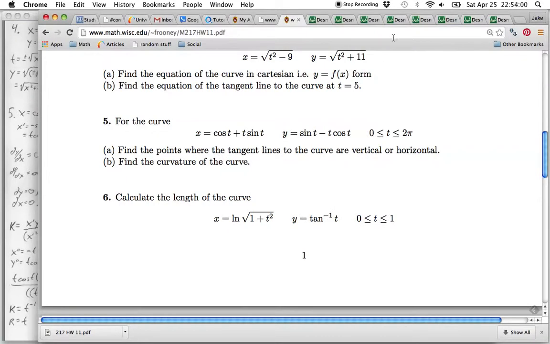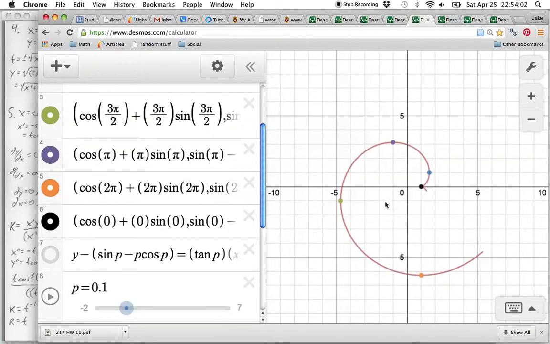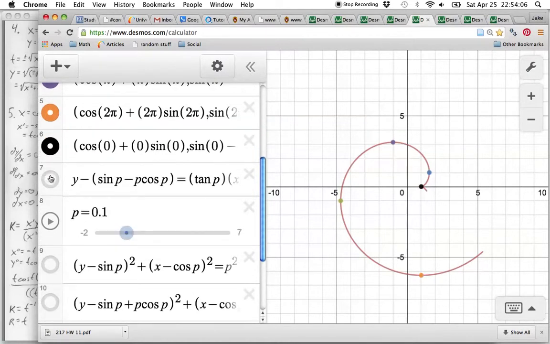So if we look at that curve, we've got this curve here, and this is our tangent line, and I've just put p's here instead of t's, just so I could have this slider work for us. So I'm just going to play that through, and you can see how that follows along.